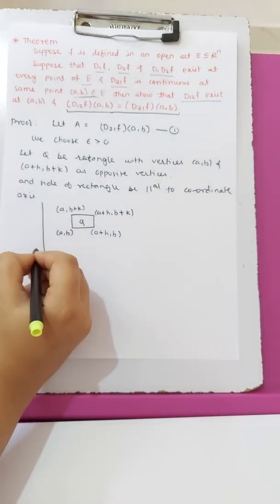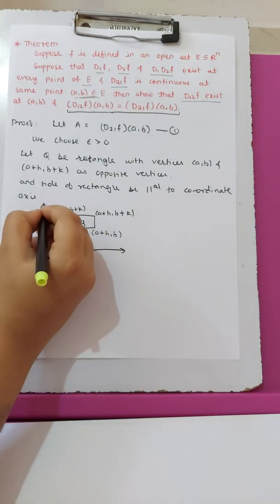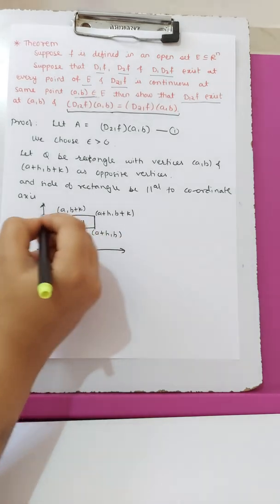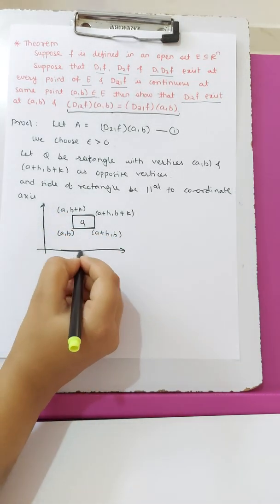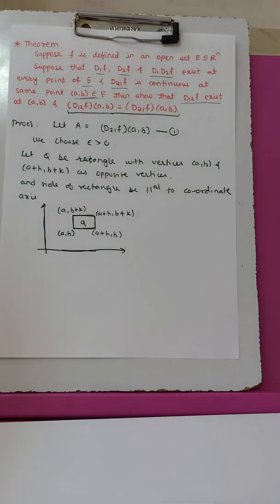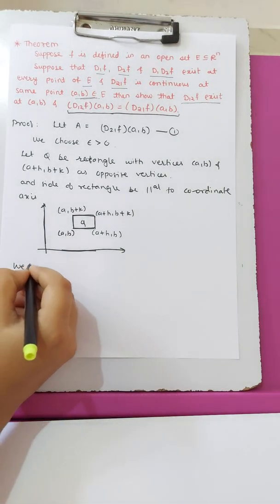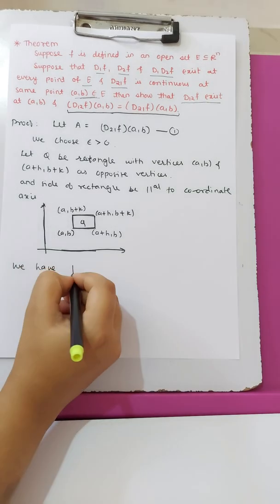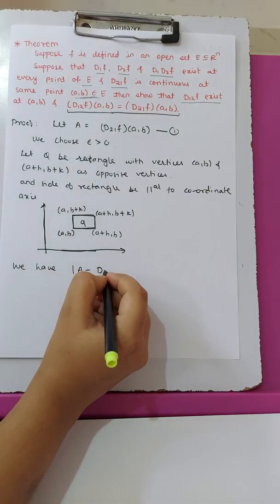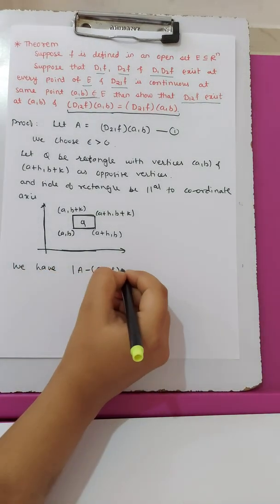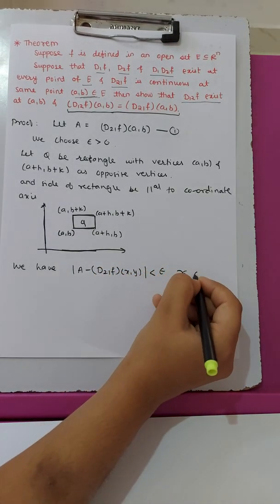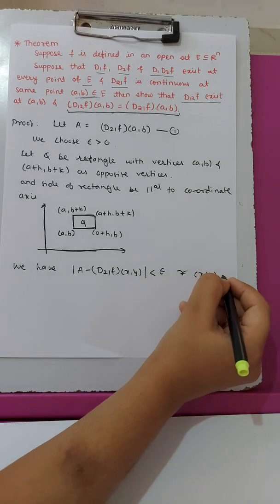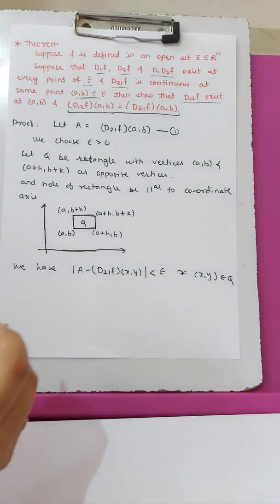And if these are the coordinate axes, then the sides of this rectangle are parallel to the coordinate axes. Now we have mod of A minus d21f(x, y) less than epsilon for this (x, y) belongs to Q.